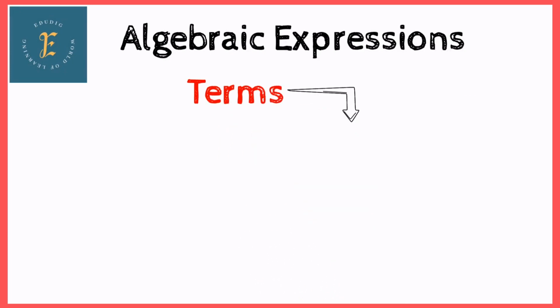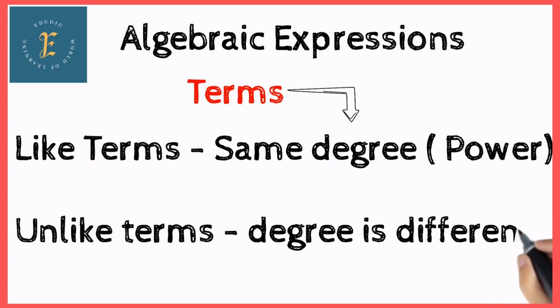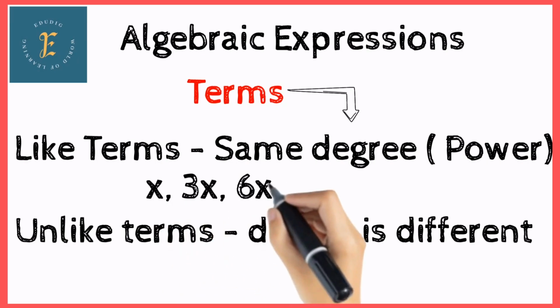Now we will see the types of terms. There are two types of terms, like terms and unlike terms. Like terms will have the same degree. Degree is nothing but the power, the exponent that your variable is holding. So like terms have the same degree and the same type of variable also. But unlike terms have different degrees and the variables can also be different.